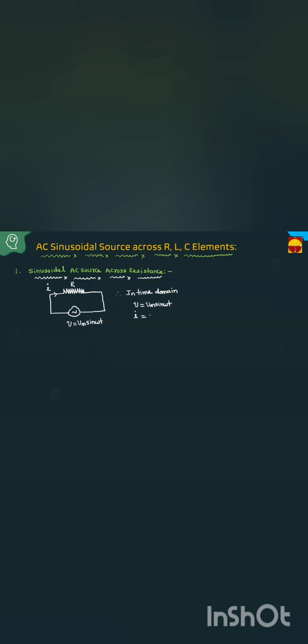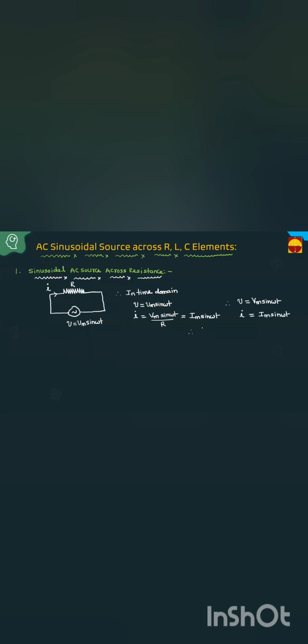I equal to Vm sin omega t by R. Taking Vm by R as Im, this is equal to Im sin omega t. That is, we are getting V equal to Vm sin omega t, I equal to Im sin omega t.